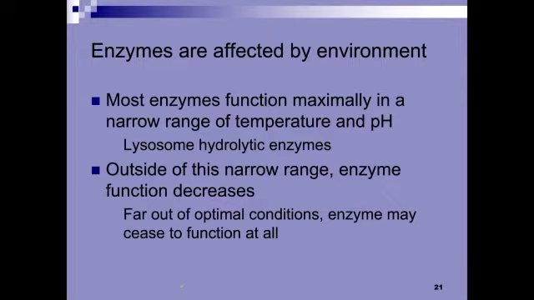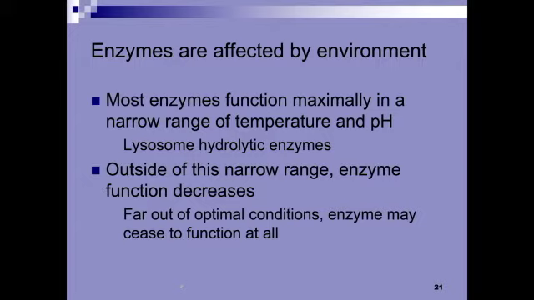Those two factors are very important in the functioning of enzymes. Most enzymes have a maximum rate of function in a very narrow range of temperature and pH. For our case, most of our enzymes function best at what they call optimal conditions, 98.6 degrees Fahrenheit or 36 degrees Celsius body temperature, and a pH near neutral, about 7.2.